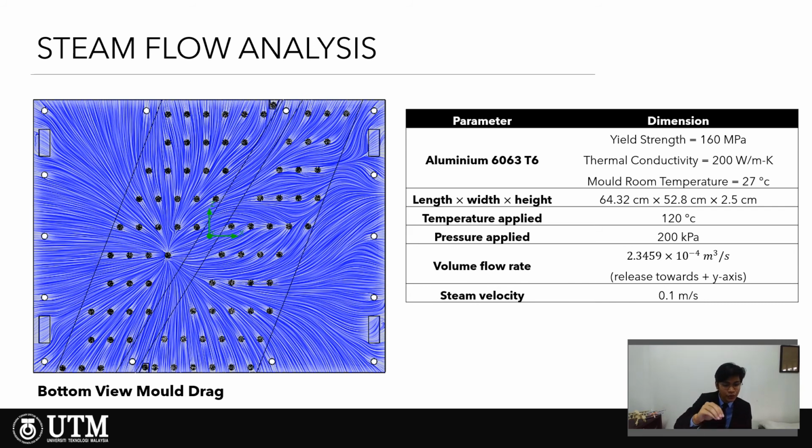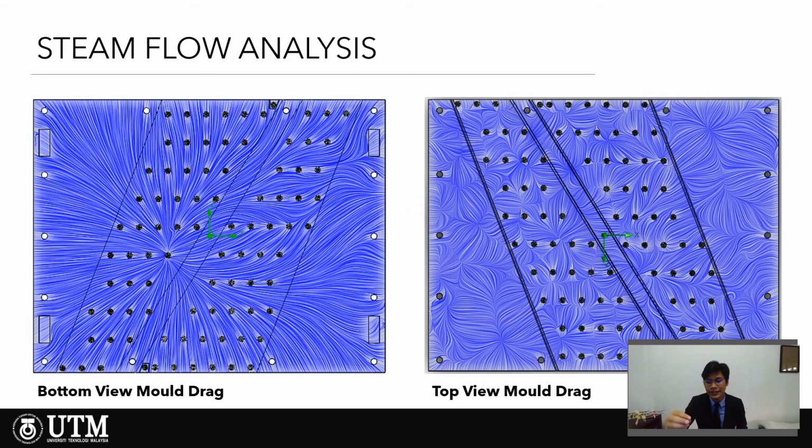Here you can see it flows very smoothly, and from the top view of the mold you can see the steam flowing out from the holes. This is very good because you can see that the flow is evenly spread inside the mold cavity.